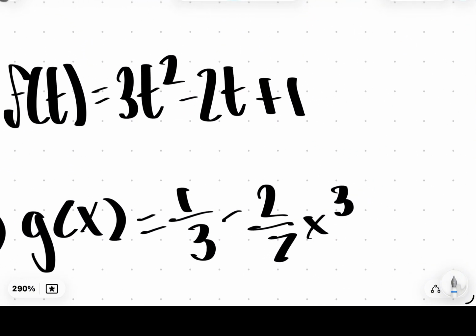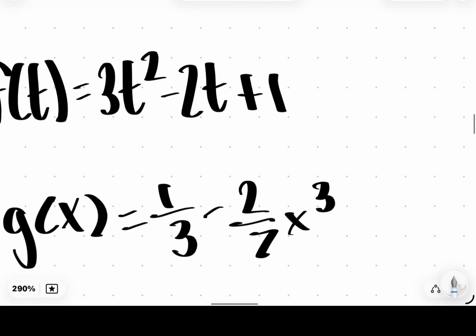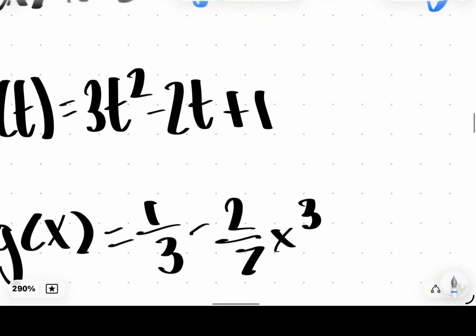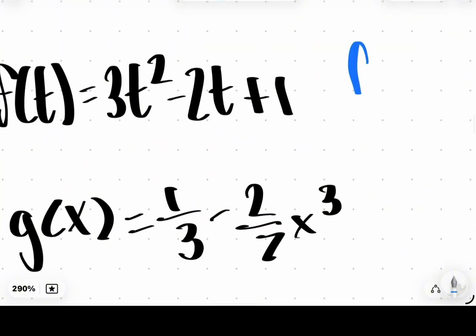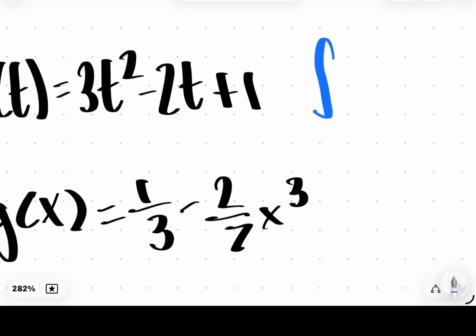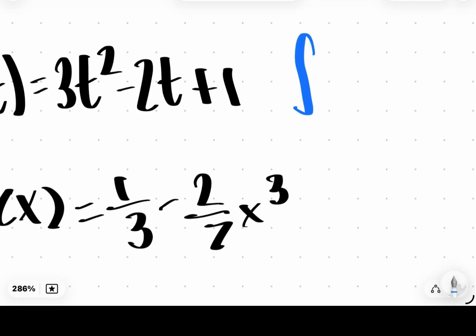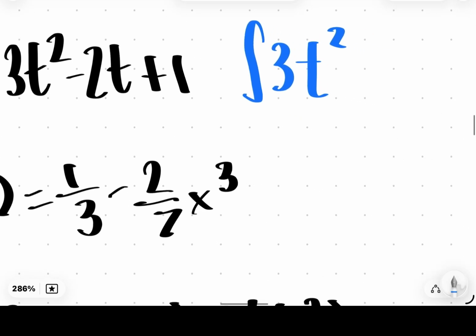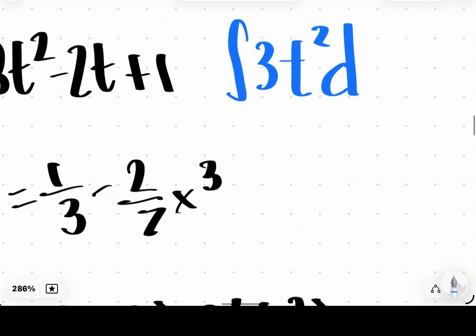The integral of f of t equals 3t squared minus 2t plus 1. This is a quadratic, but it's important to note that it's with respect to the variable t, not x. So when I split this up into separate components, it will be dt, not dx.